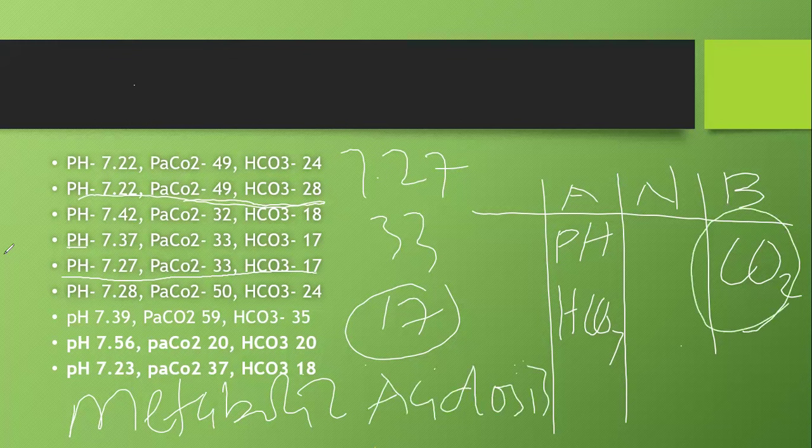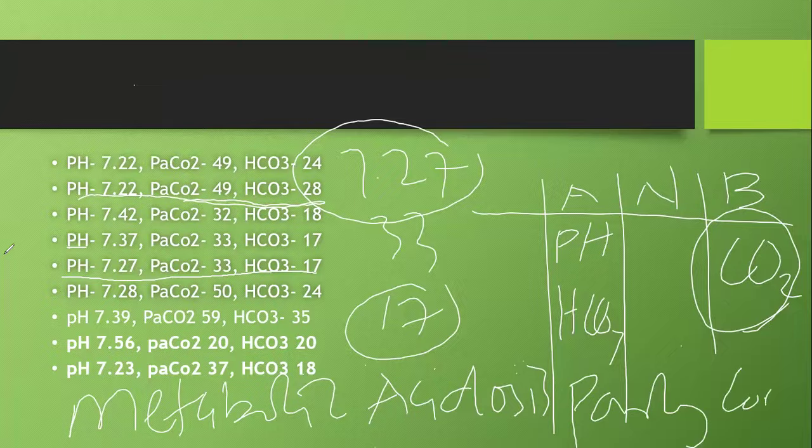The carbon dioxide is trying to compensate, but it hasn't achieved that fully because the pH is still not within the normal range. So we add partially compensated. So this is metabolic acidosis partially compensated.